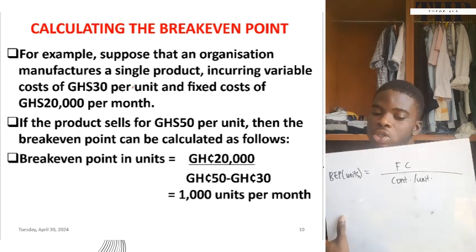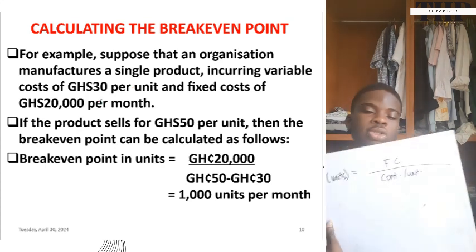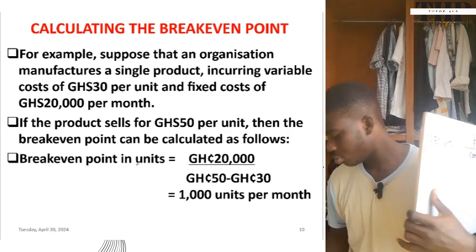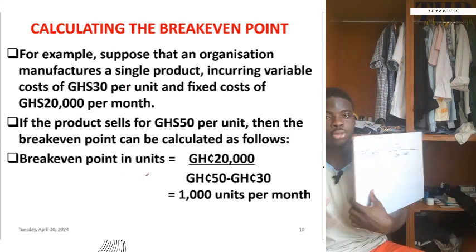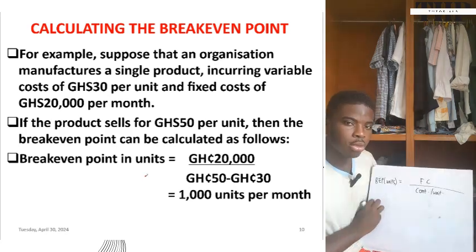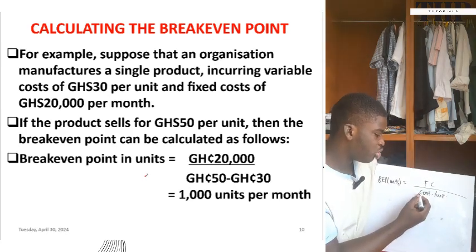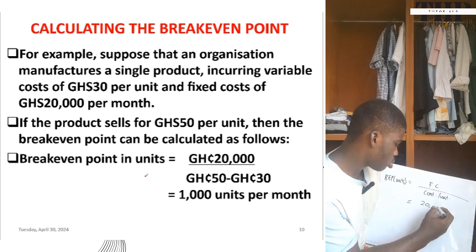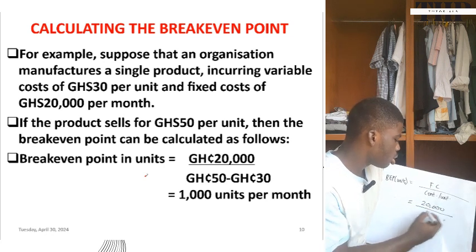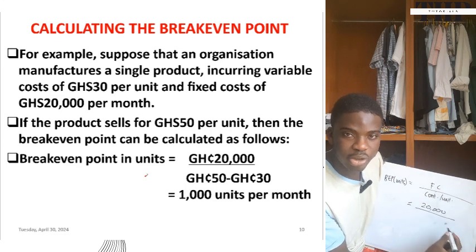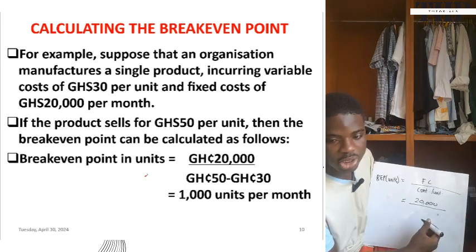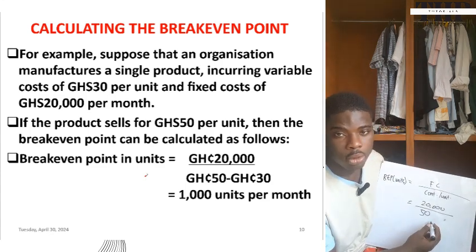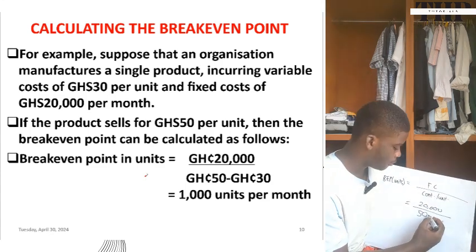Contribution per unit is the selling price per unit minus the variable cost per unit. The selling price per unit in the question was 50, and the variable cost was 30.